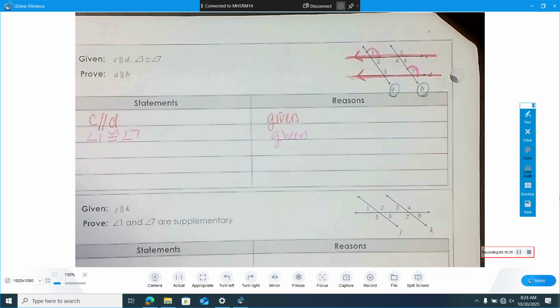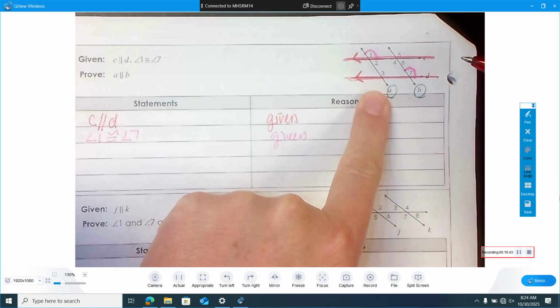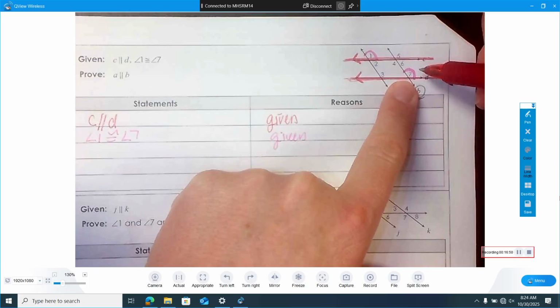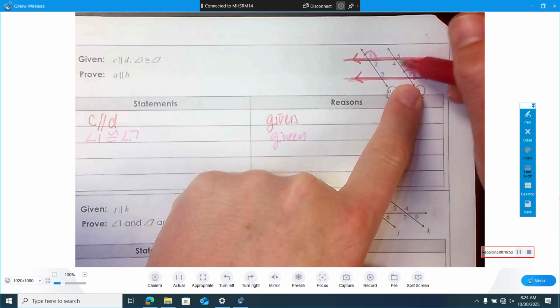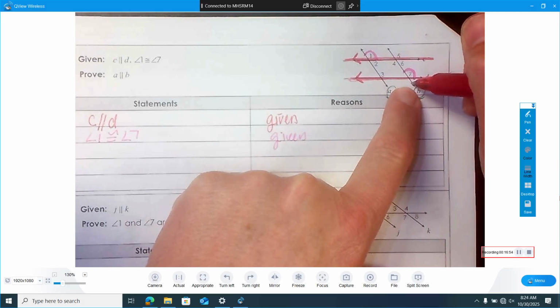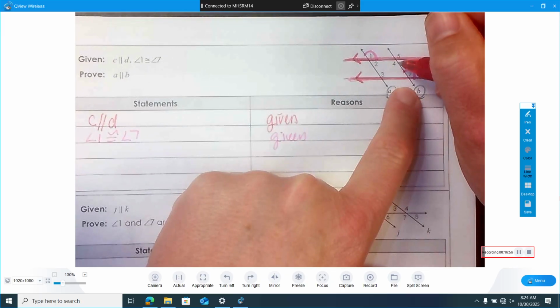What can we learn from red parallel lines? What do we know? Paxton, what did you say? 7 and 4? Okay. So angle 7 is congruent to angle 4. They have a transversal connecting them. That's absolutely true.